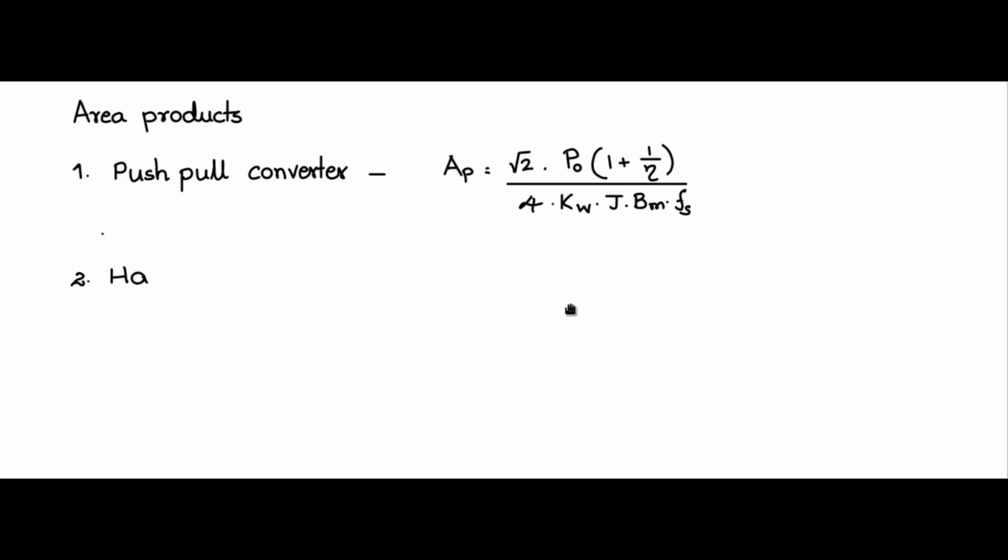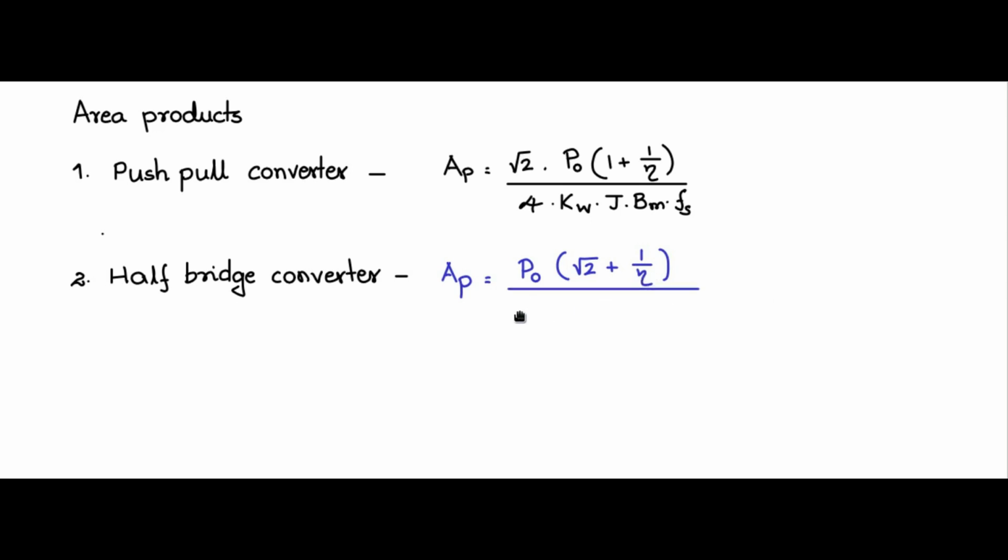Likewise, for the half-bridge converter transformer, I will also provide the area product here, derived along the same lines: P naught into root 2 (1 + 1/efficiency, 1 by 0.8) divided by 4 kW J Bm and Fs.